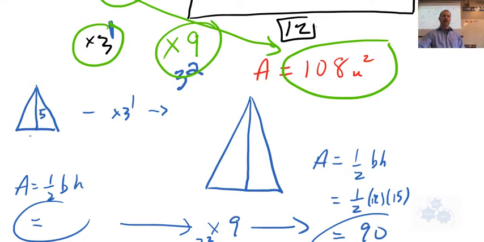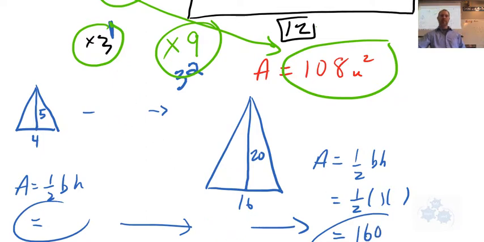So let's say, we can keep these, 5 and, what was that one there? Sorry, 4? Okay, so let's do times 4. So we'll get 16 and 20 here. Okay, so if we change those numbers here, what's the area? That's going to be 160. Does that sound right? So scale factor is now times 4.